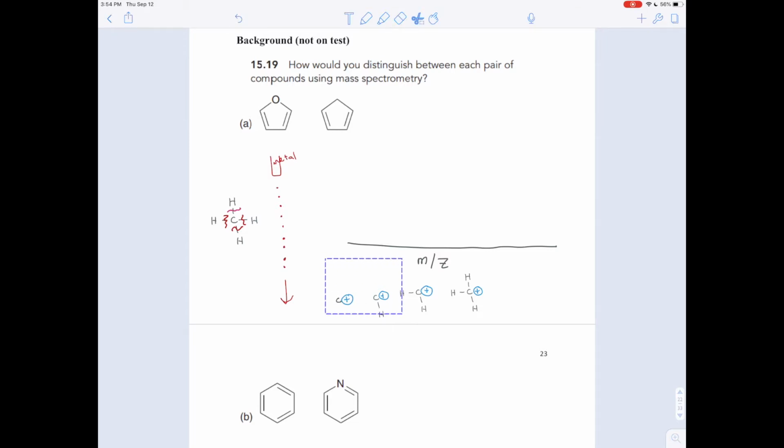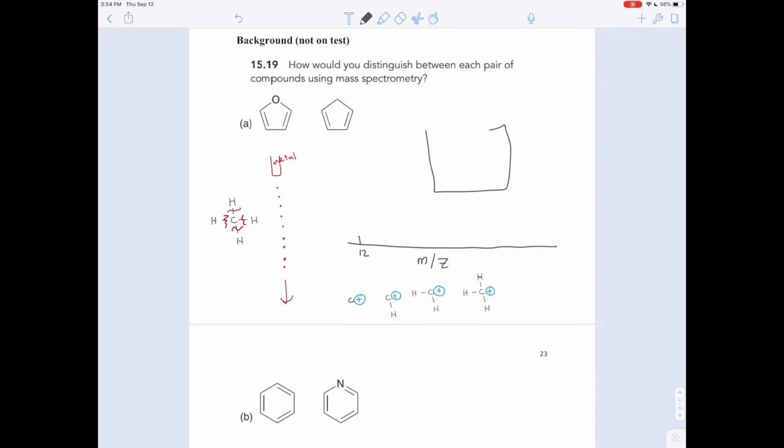And when these fragments hit it, they become peaks with certain masses. So for example, you'd have a mass of 12 here, and so you'd have a peak that represents this carbon atom that has a mass of 12.